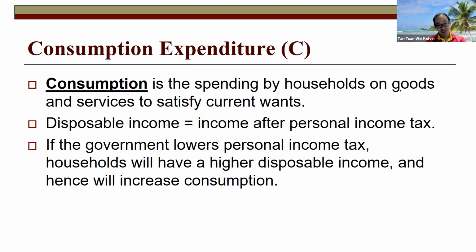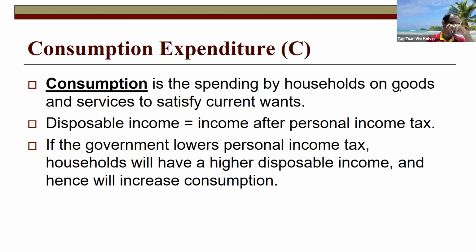What we will teach you probably in the second year is that if the government lowers the personal income tax, households in the circular flow of income will have a higher disposable income. So the higher the disposable income, the greater is the consumption.